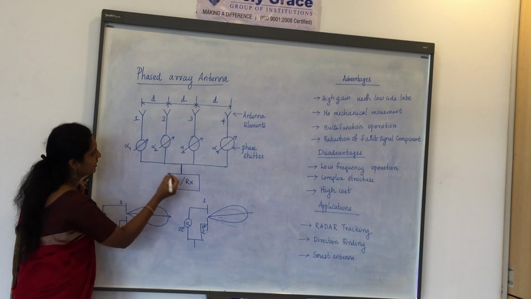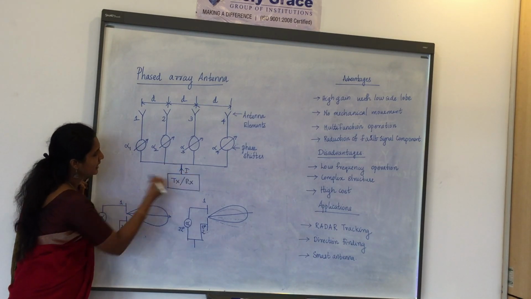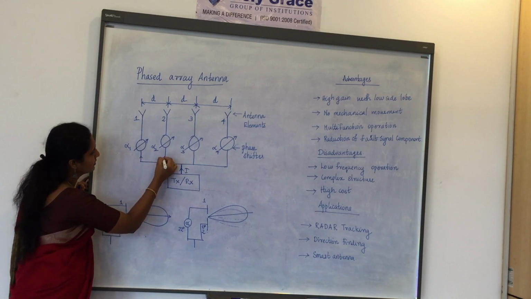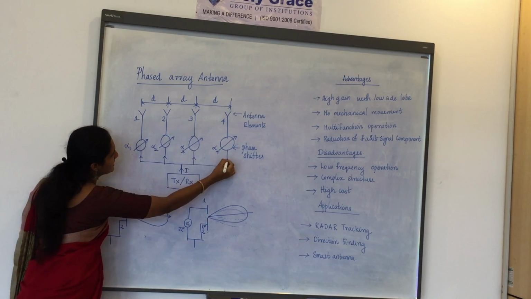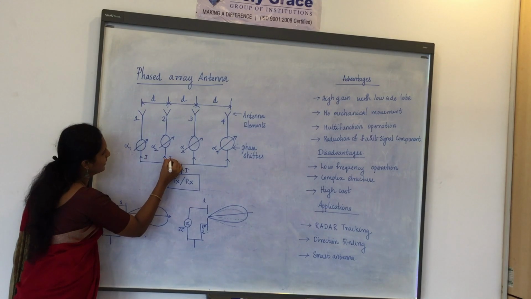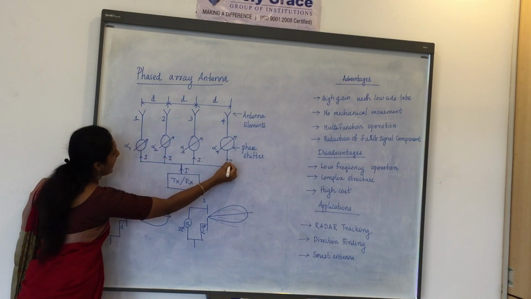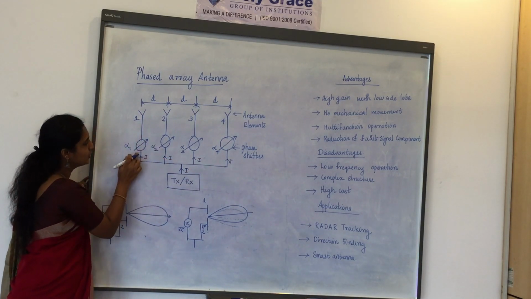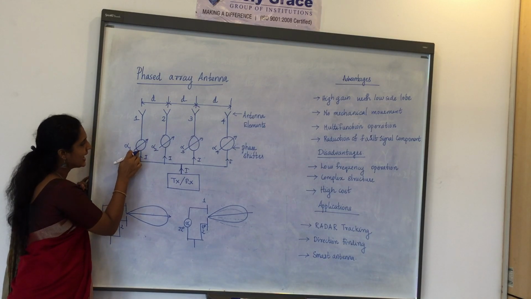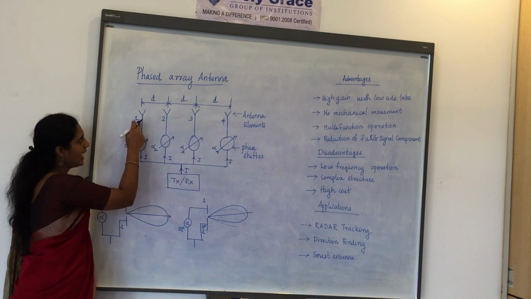So this gives a current I, and the current I goes to all elements. After passing through this phase shifter, these currents are phase shifted and enter this antenna.